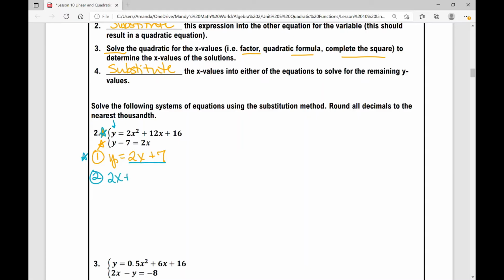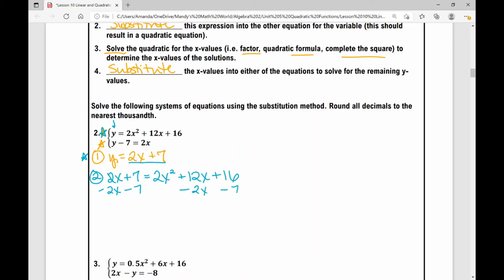Instead of y equals 2x squared plus 12x plus 16, 2x plus 7 equals 2x squared plus 12x plus 16. So what do we want to do, right? This is going to be a quadratic, and we're going to set it equal to 0. How do I do that? I'm going to subtract 2x and subtract 7 from both sides.